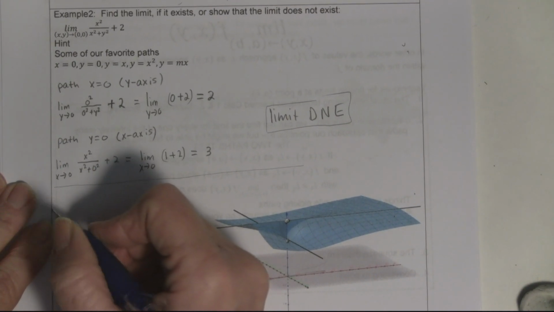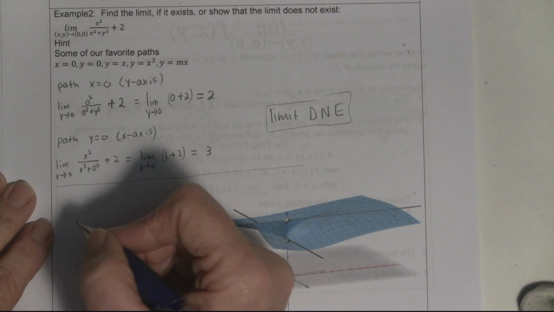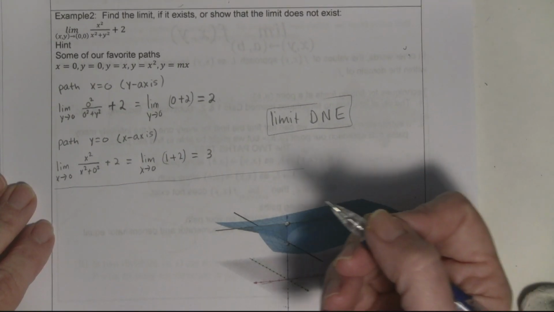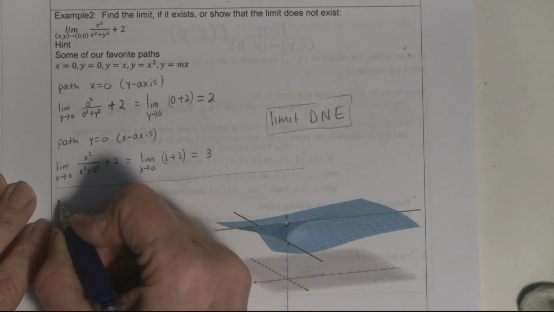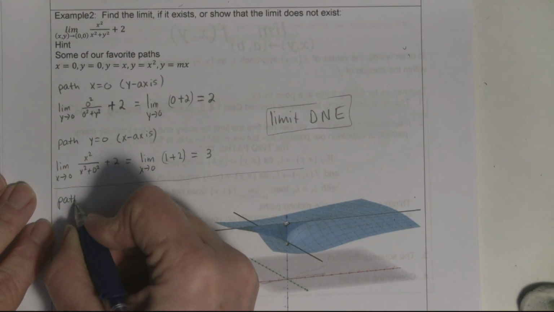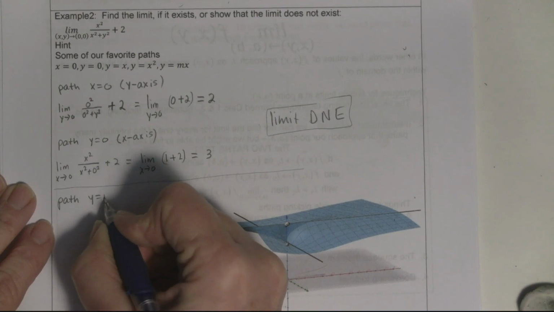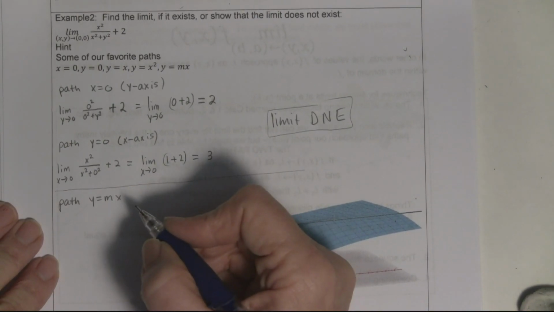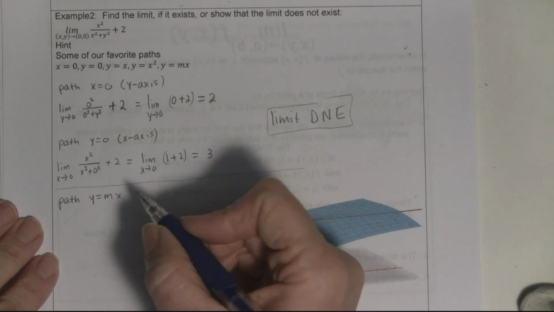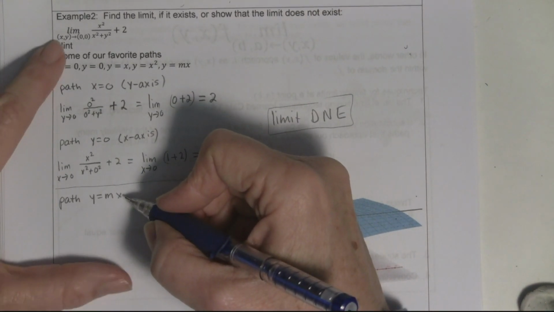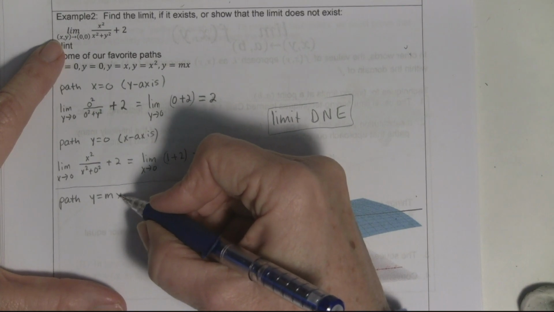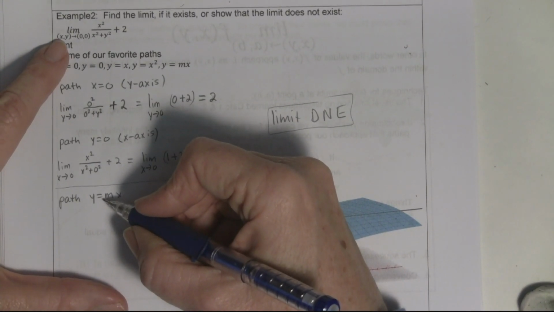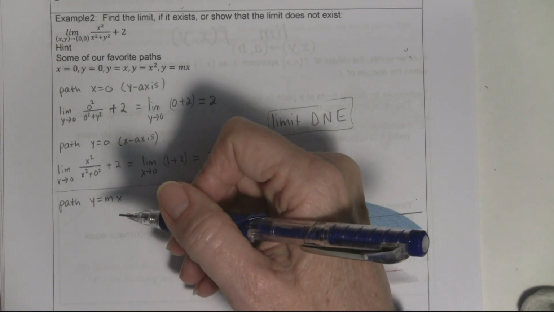I've already solved the problem and know that it does not exist, but I want to show you that I could have done something else as well. So if I would have used this path, y equals mx, then I want you to see that this is going to 0, 0. So as x gets close to 0, then m times 0 is y, and that's getting close to 0 as well. So this could be going close to 0, 0.